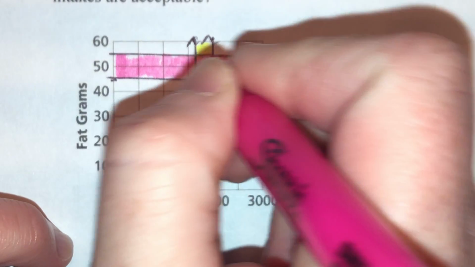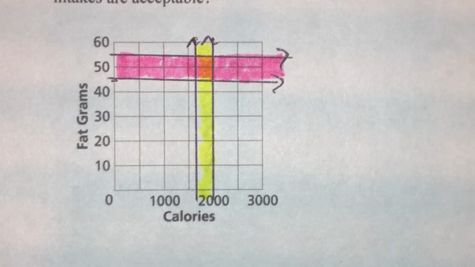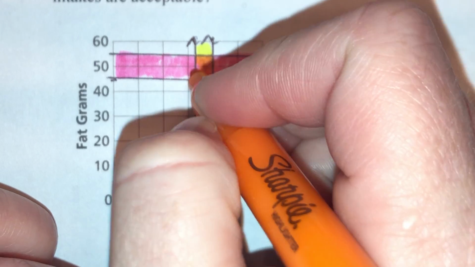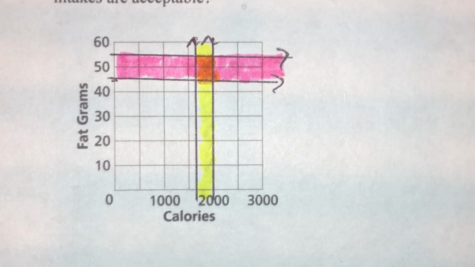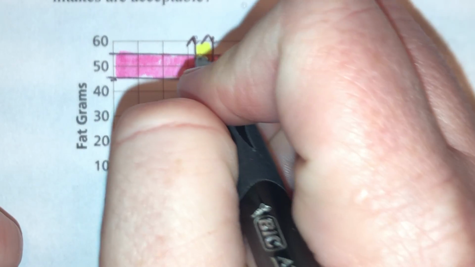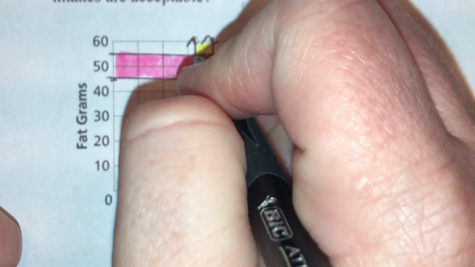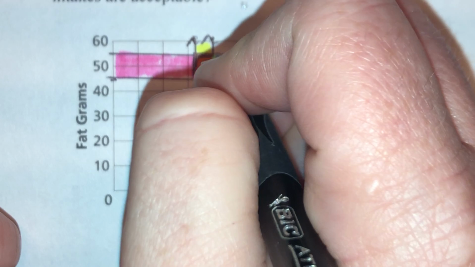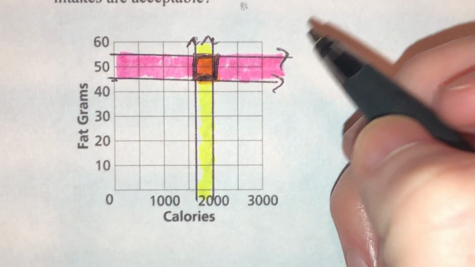All right, so if he has to have between 1,600 and 2,000 calories a day, and he has to have between 45 and 55 grams of fat per day, he's pretty much restricted to this one square, right? Any ordered pairs in this square right here, this is where all the restrictions overlap.